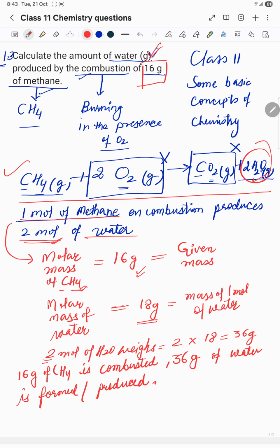So our answer is 36 gram of water. This is how you are going to solve these kinds of questions.